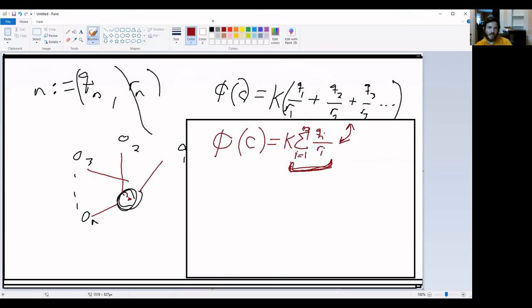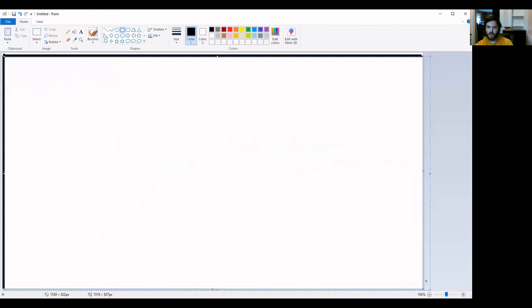just for a minute, current in wires. Yay! Okay, so let's say I have a wire, and I'll model it like a pipe here.